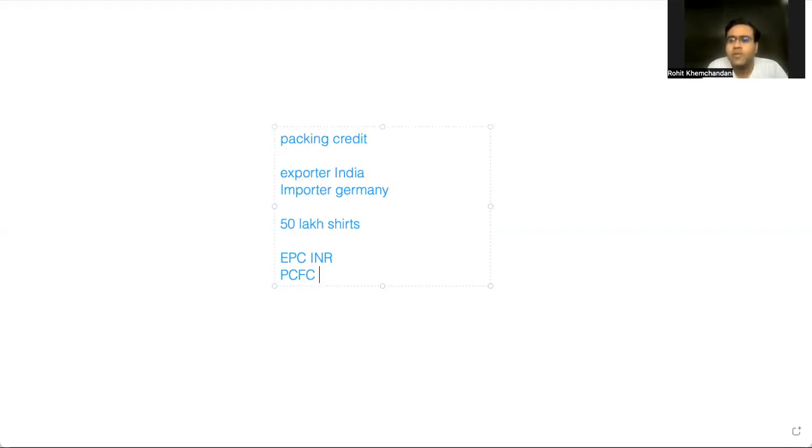Now there can be two scenarios. One is that the Indian company asks for the loan in Indian rupees. Suppose company XYZ goes to the bank and says I need 50 lakh rupees for my raw material purchase to manufacture goods. The bank will give 50 lakh rupees to the Indian company.